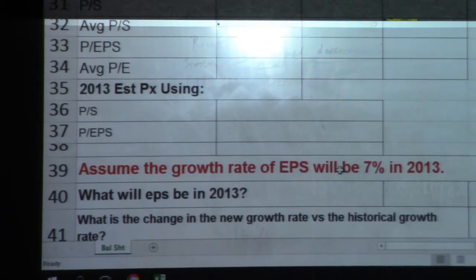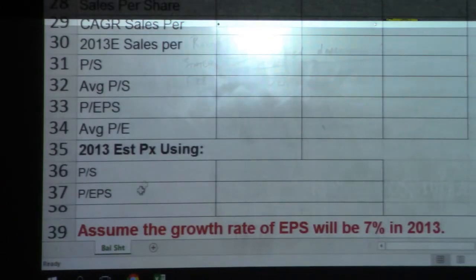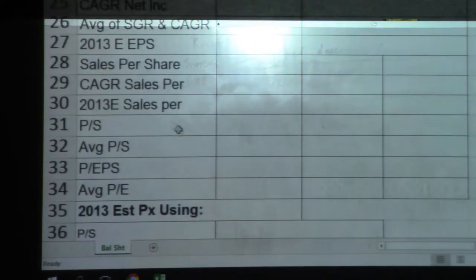Let's scroll down to get it out of the glare. All right, so now we're going to do price to sales, okay? So what is the P? It's the stock price. And what is the S? It's sales per share. All right, so we need the stock price, and we've got the stock price up here.